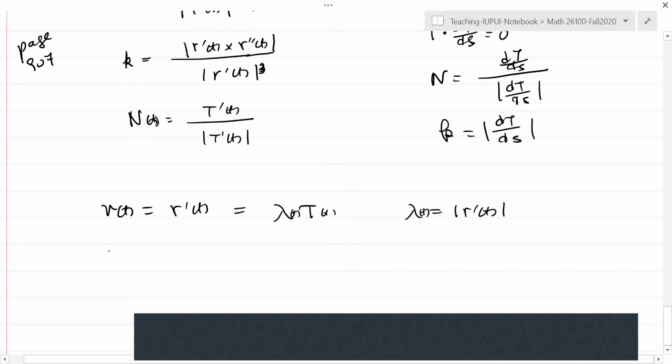Then the acceleration is a vector, and the acceleration is the second derivative of the position vector.